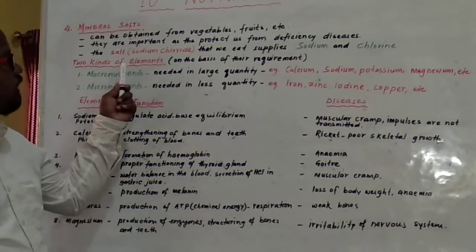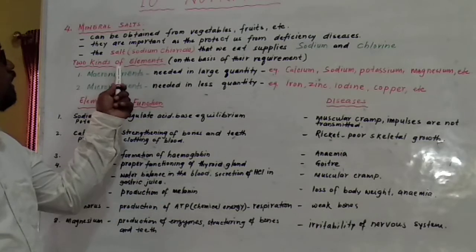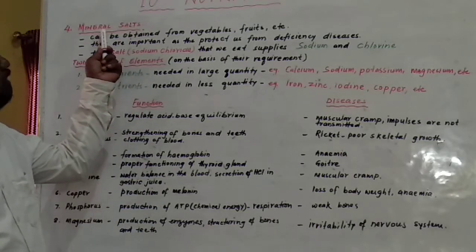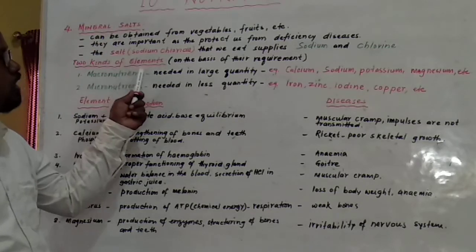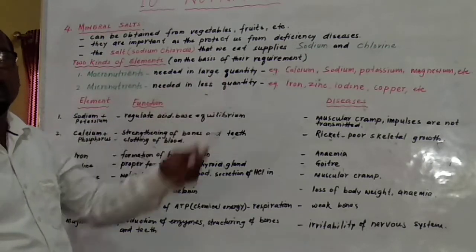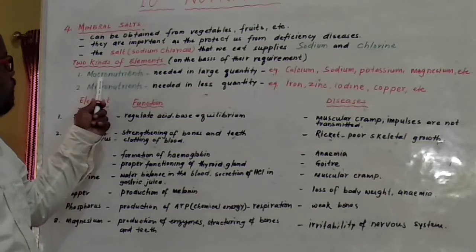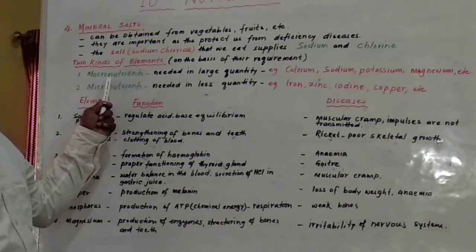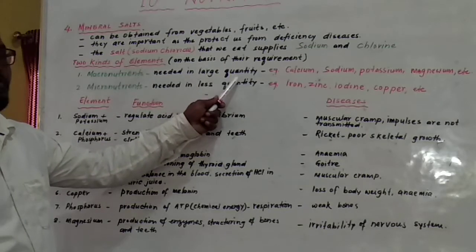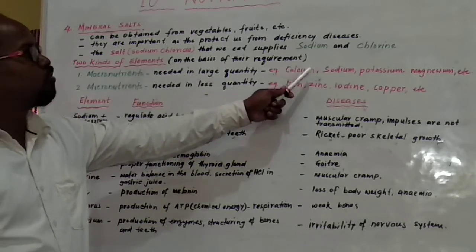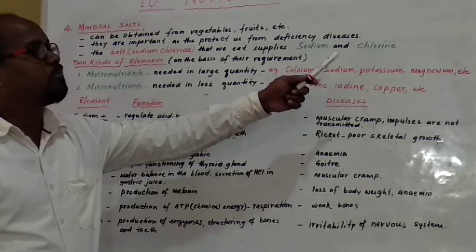There are two kinds of mineral nutrients on the basis of their requirement by our body. Number one is macronutrients. They are needed in large amounts. Examples are sodium, calcium, potassium, magnesium.